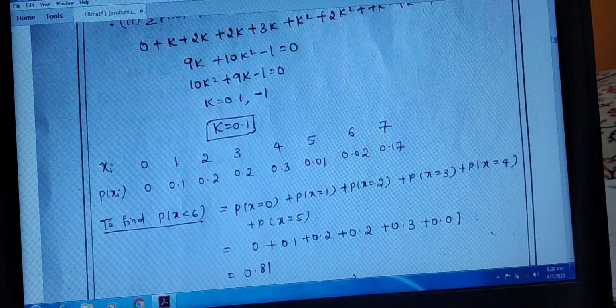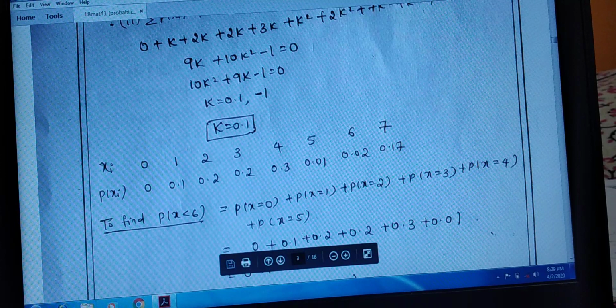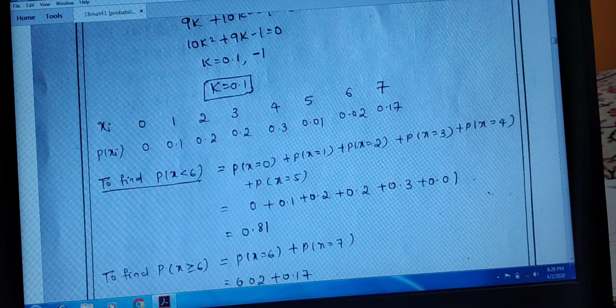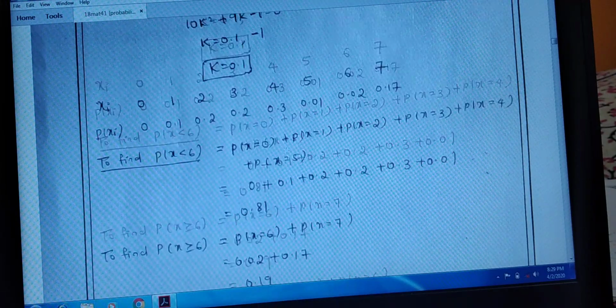After substituting, you get these values: 0, 0.1, 0.2, 0.2, 0.3, 0.01, 0.02 and 0.17.